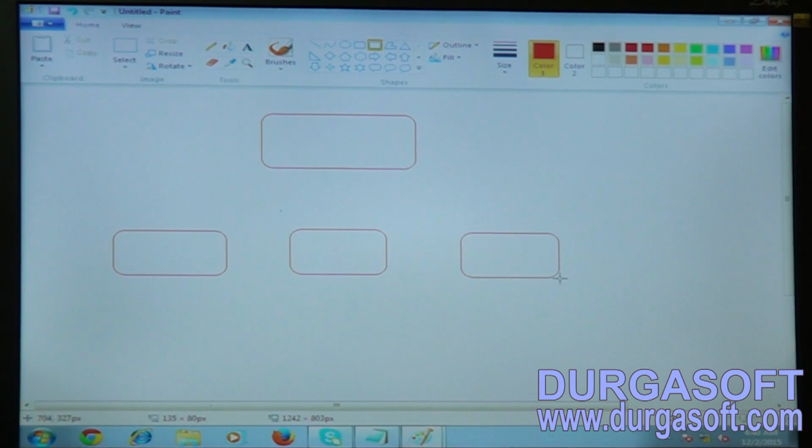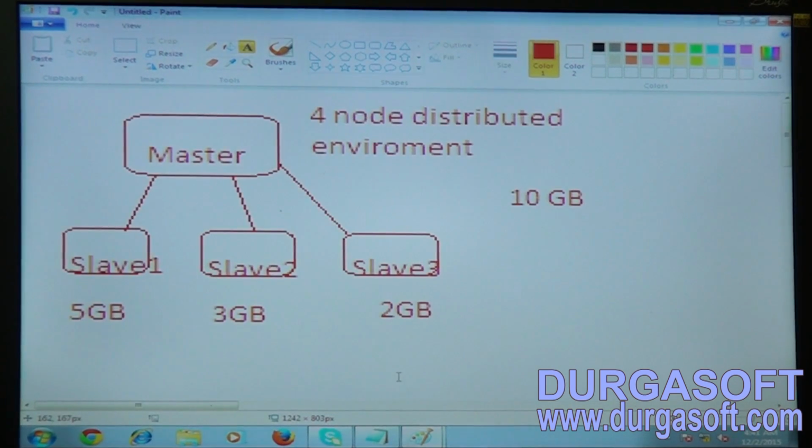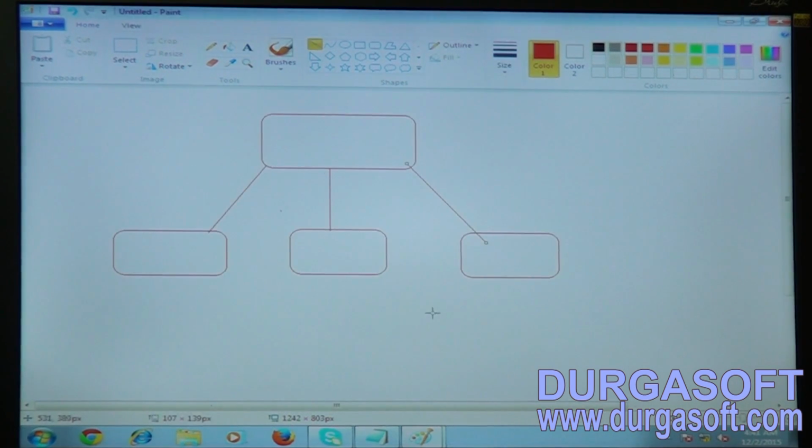I will do a similar comparison here so that you can better understand the things, and see the differences between the existing traditional distributed systems and Hadoop. This is also a 4-node Hadoop cluster.